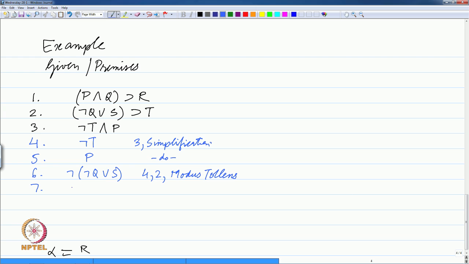We push this inside, we get Q and not S, which is from 6 and De Morgan's, which I had not spoken about, but any textbook on logic will tell you that when you push the not inside, I have skipped a step in which I said that not not Q should be Q essentially.